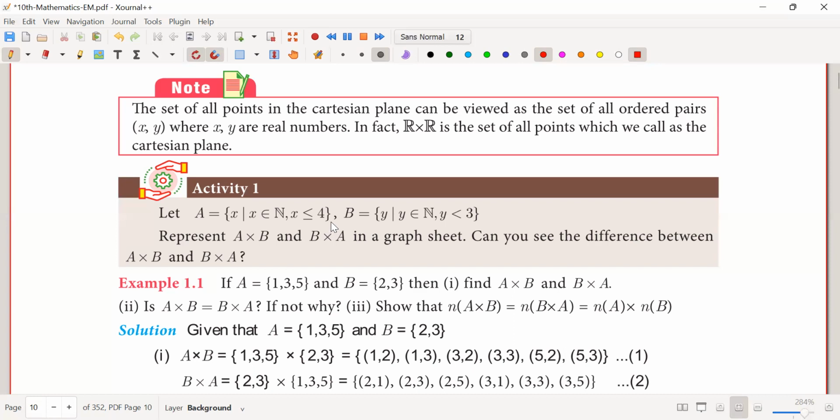Non-terminating fractions, for example 1/3, 0.33333 goes on. Then also square roots. The square root of 2 is 1.414, but it doesn't stop here. It will keep moving on.